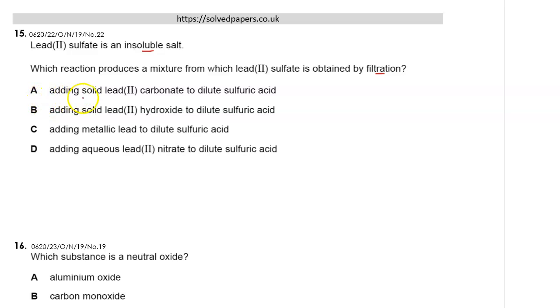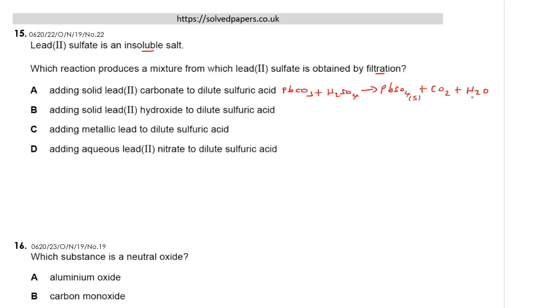Choice A, add the solid lead carbonate to dilute sulfuric acid. So you can write the equation here. Lead carbonate, when you react it with sulfuric acid, what do you get? You get lead sulfate, which is insoluble. You get carbon dioxide, and you get water.